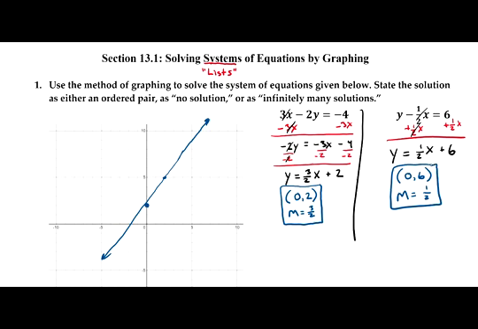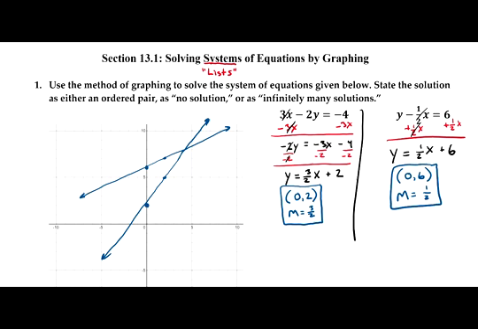Okay, so let's graph that second line. We'll start at the y-intercept because that's a specific point we know. And the slope is 1/2, so up 1 over 2. All right, and so there's our second line.